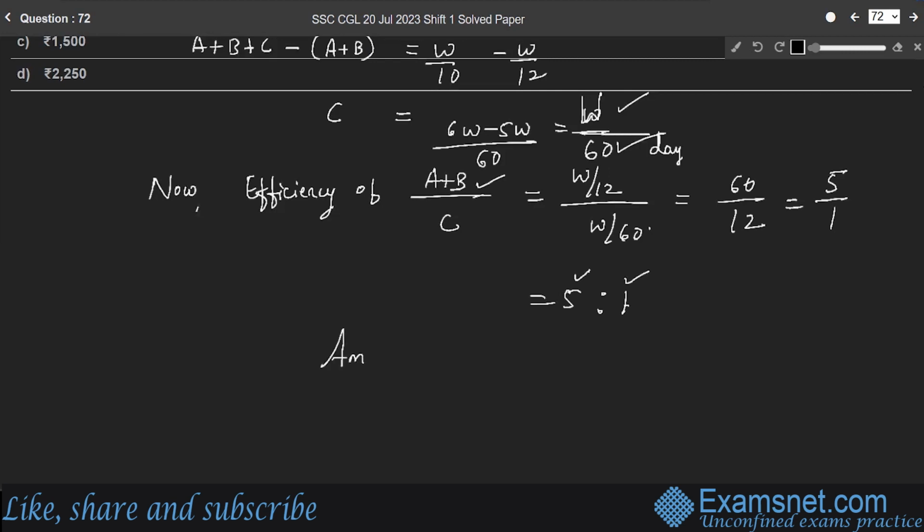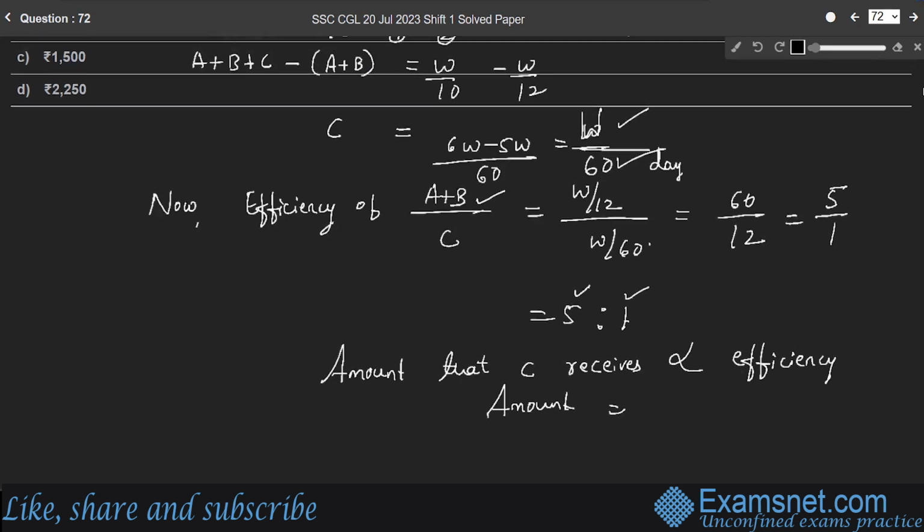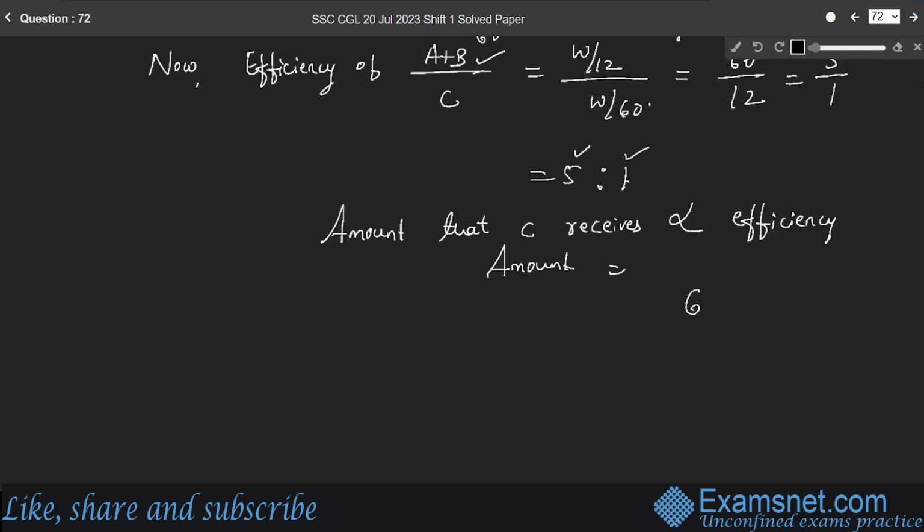Therefore, the amount that C receives is directly proportional to his efficiency. Since it directly depends on their efficiency, out of 6, meaning 5 plus 1, out of 6 efficiency, 1 is the efficiency of C, whereas 5 is the efficiency of A and B together, right?